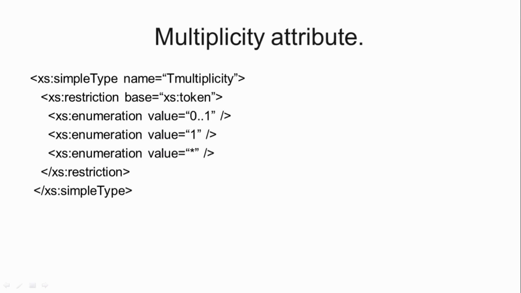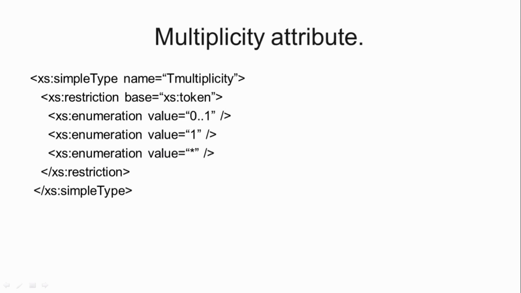Simple type name is equal to T multiplicity. Restriction base is equal to access token. Enumeration value 0 and 1.